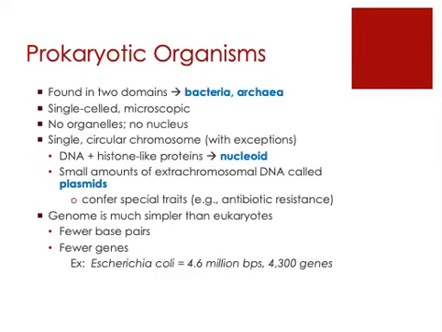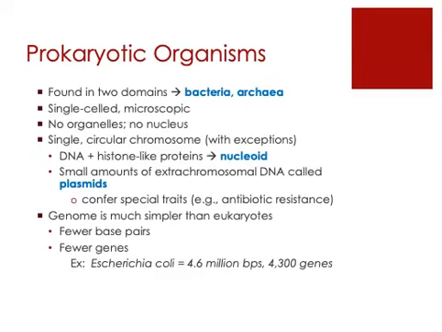The defining characteristic of prokaryotic organisms is that they don't have any organelles in them. So there is no nucleus or any other kind of organelle inside a prokaryotic organism. When we look at the DNA in a prokaryote, we find it in the form of a single circular chromosome. Now, there are some exceptions to that rule.